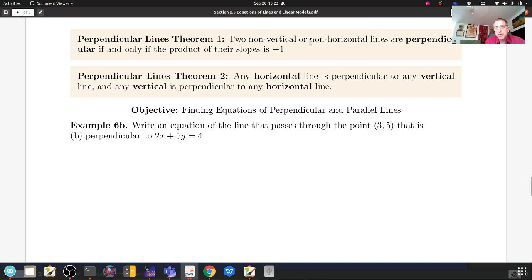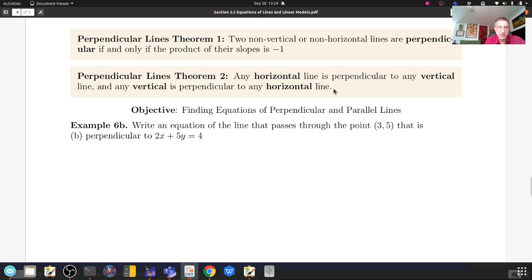So if you have any lines that are slanted and they don't go straight up and down or straight across, then if I multiply the slope of one times the slope of the other, the product is going to be -1. This is really easy. Any horizontal line is perpendicular to any vertical line, and any vertical line is perpendicular to any horizontal line.